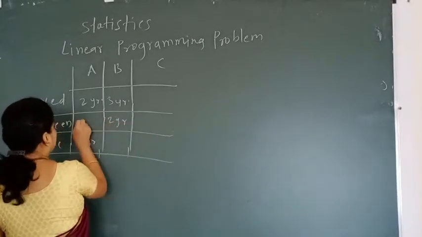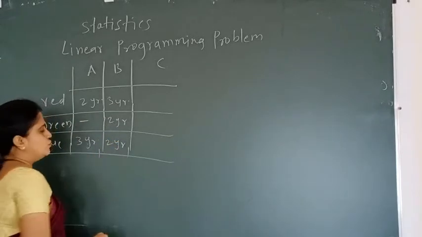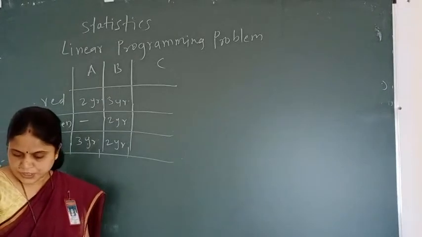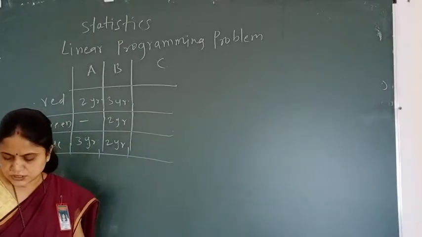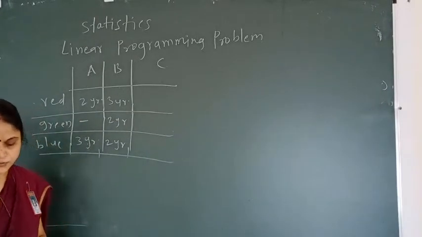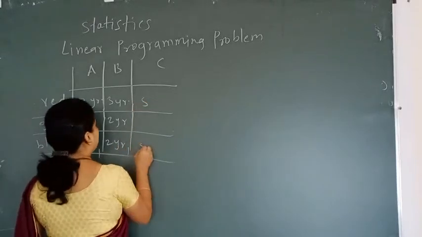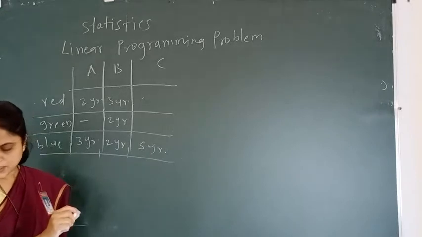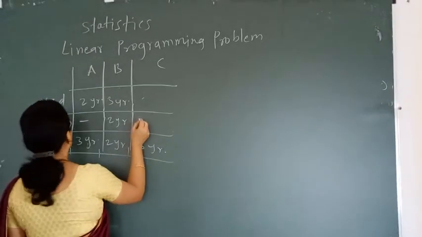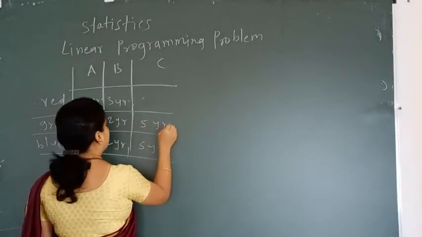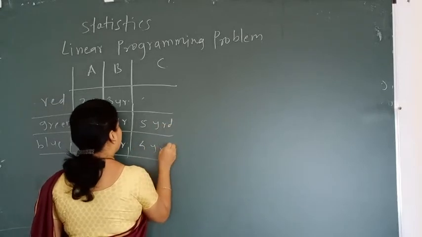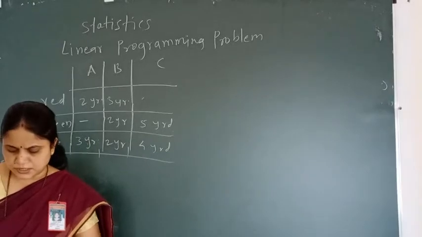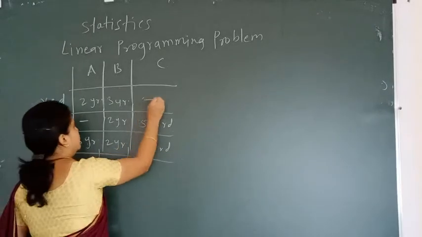Now type C cloth needs 5 yards of green wool and 4 yards of blue wool. So my type C cloth doesn't need red wool.